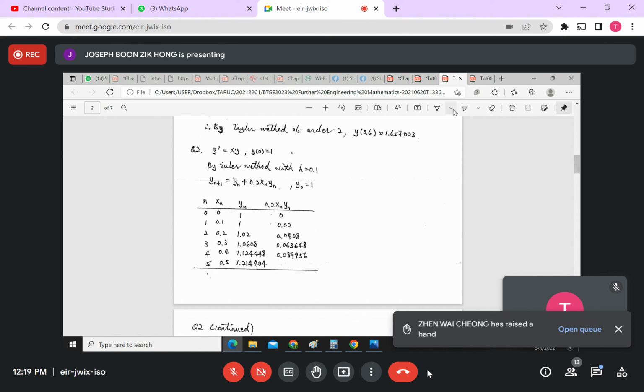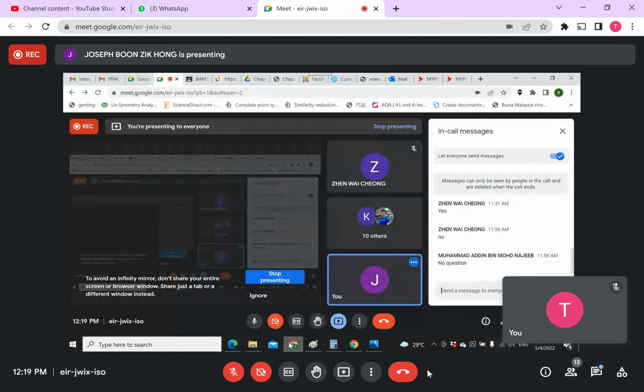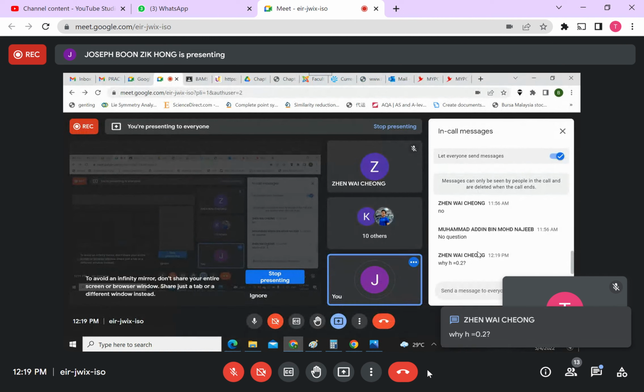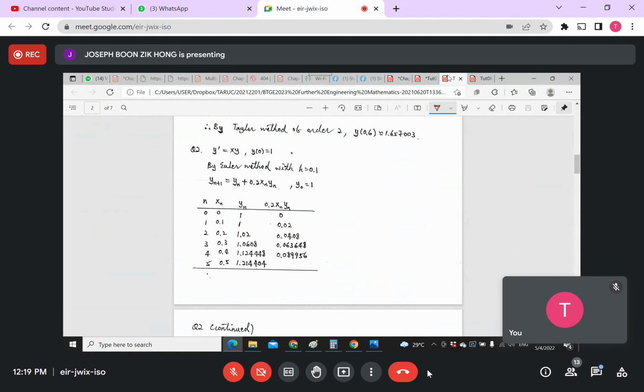Normally, how I mark? Maybe, wrongly. Let me check. Okay, my mistake. Let me see. H is 0.1. Yeah, 0.1, not 0.2. Oh, this one I did wrongly.